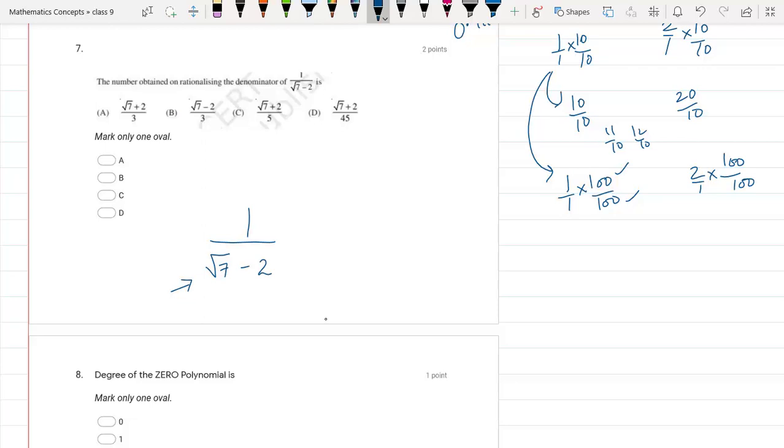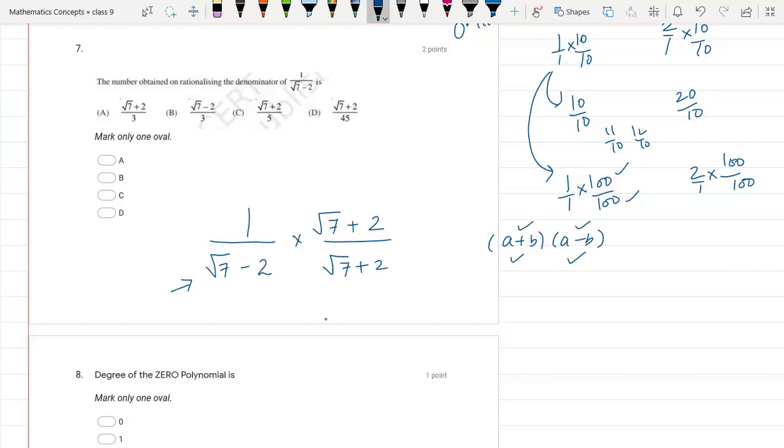So we know that we have to multiply with, yes, root 7 plus 2 in the numerator as well as denominator. This technique came from the formula a plus b, a minus b. So whenever we have a minus b in the denominator, we multiply with a plus b, and when we have a plus b in denominator, we multiply with a minus b.